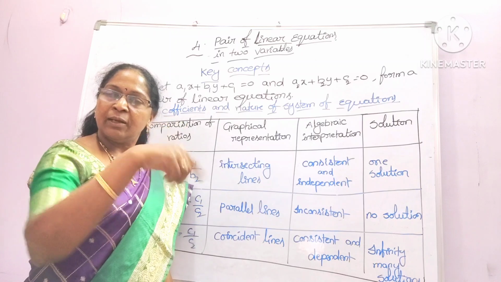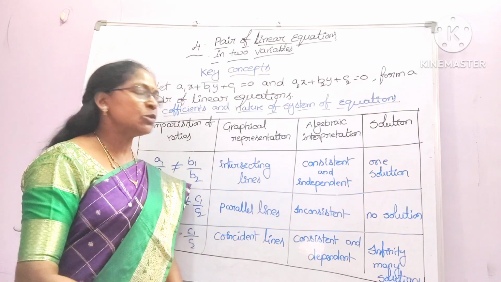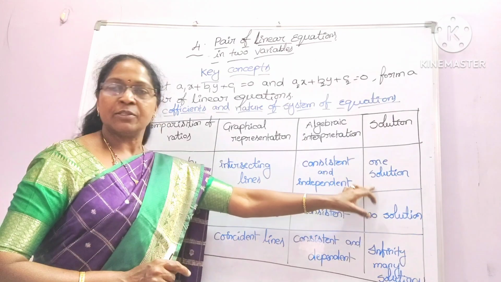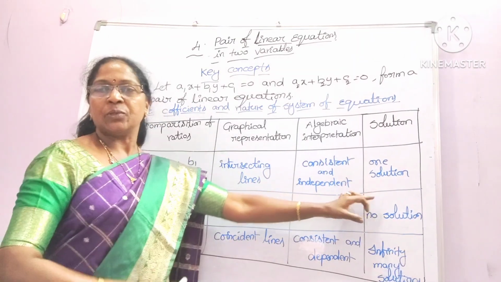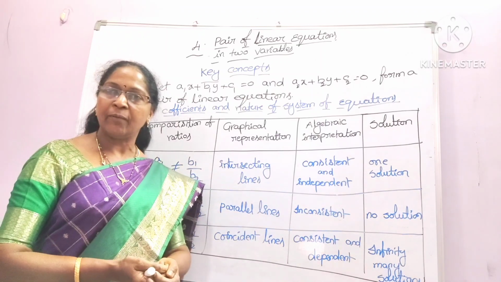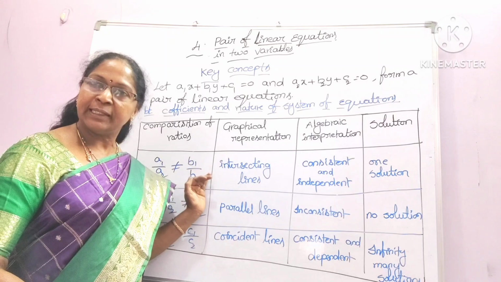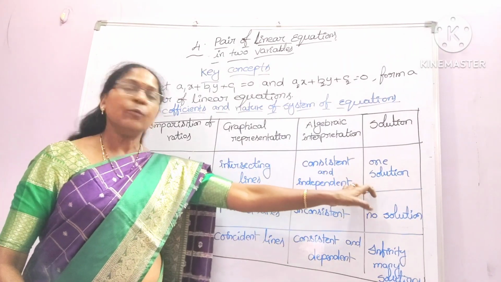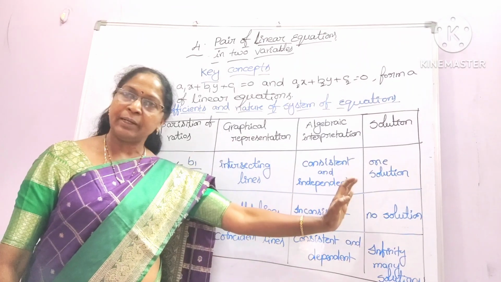You will get only one solution. Whenever these two ratios are not equal, the lines are intersecting, consistent and independent, and you will get one solution. That you have to remember.